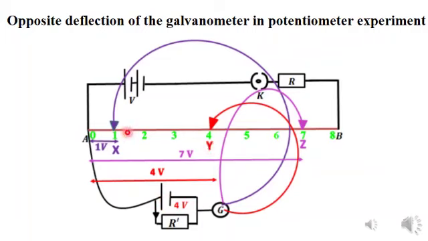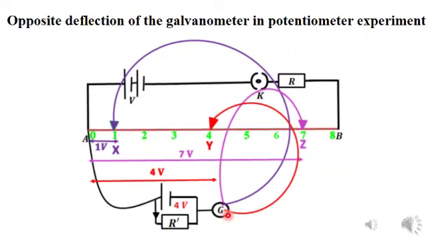So first we keep the jockey at X, which is close to A. Then the potential drop in the wire AX is less than the potential difference of the cell. Hence, current flows through the galvanometer in one direction and the galvanometer needle deflects to one side.